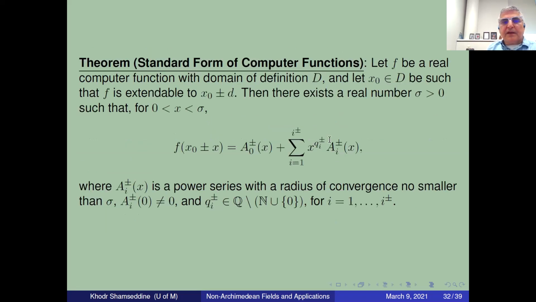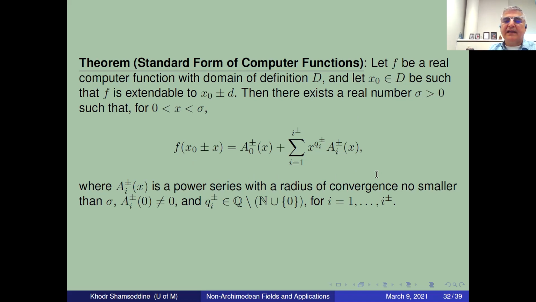Okay. We have derived a standard form for all computer functions. Given a real computer function, a point x0 of its domain, and assuming that f is extendable to x0 plus or minus d, then there exists a positive real number sigma, such that in the sigma neighborhood of x0, the function is given by this form.